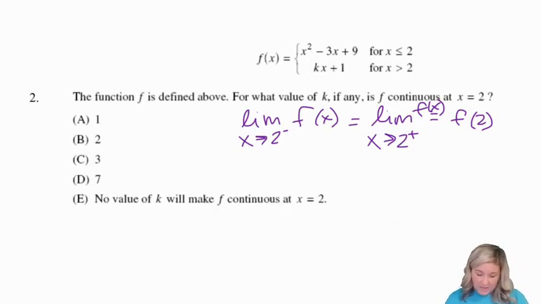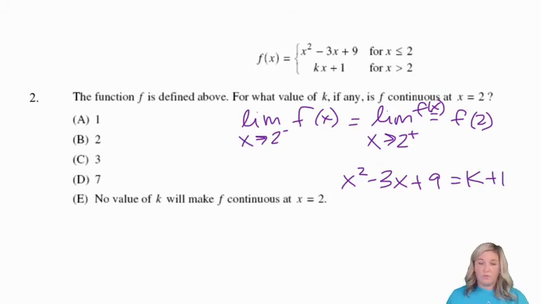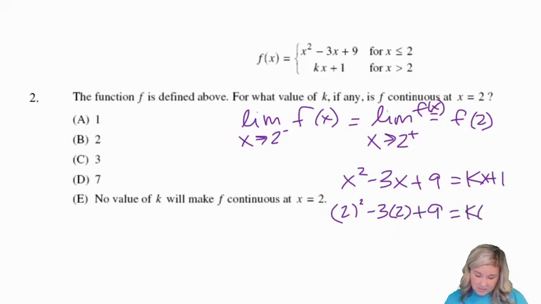In order for that to happen, I want x squared minus 3x plus 9 to be equal to kx plus 1. So x in this instance is going to be 2. I have 2 squared minus 3 times 2 plus 9 is equal to 2k plus 1.